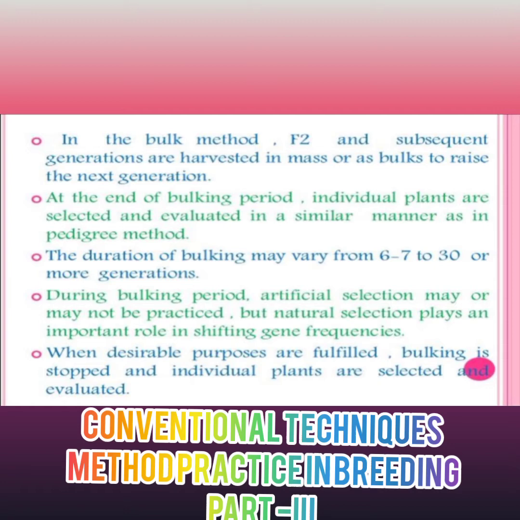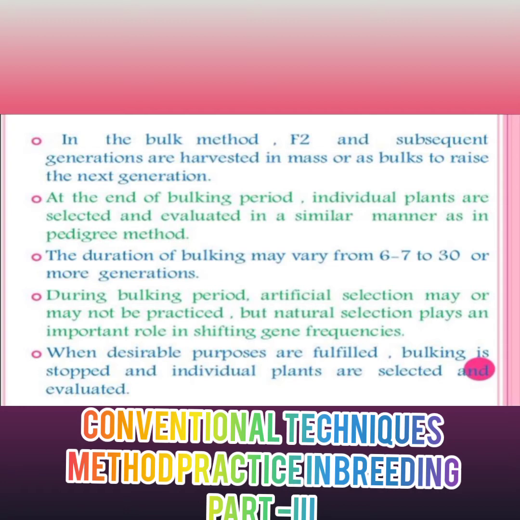In the bulk method, F2 and the subsequent generations are harvested in a mass, or as a bulk, to raise the next generation. At the end of a bulking period, individual plants are selected and evaluated in a similar manner as in the pedigree method. The duration of the bulking may vary from 6 to 7 to 13 or more generations.